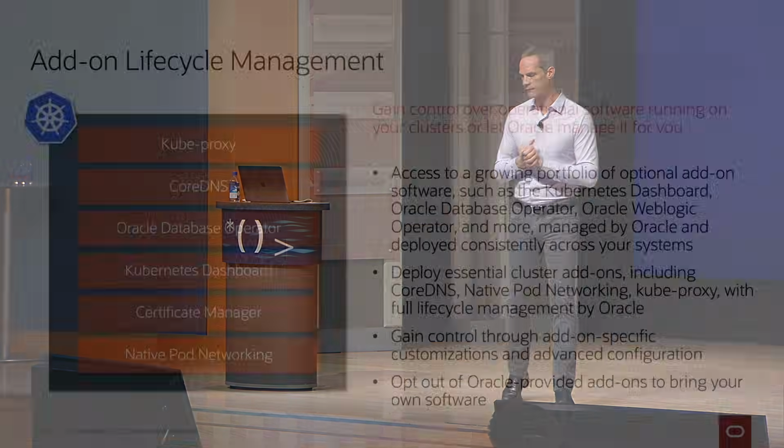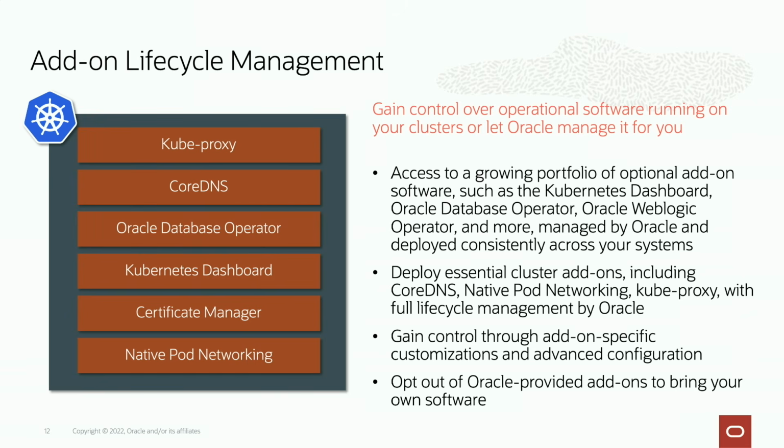And so lately we've added advanced features to the management of those nodes. The first one is the add-on lifecycle management. It came from requests from our customers, and they told us, hey, you provision kube-proxy, which is a Kubernetes component.